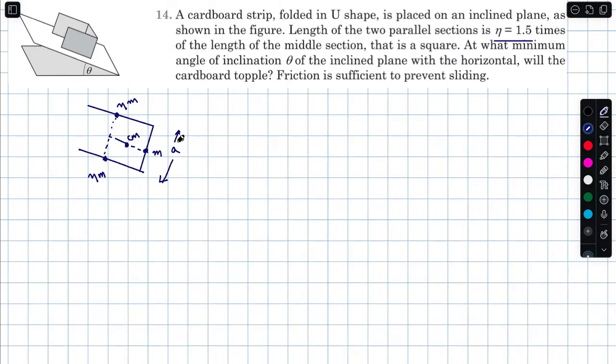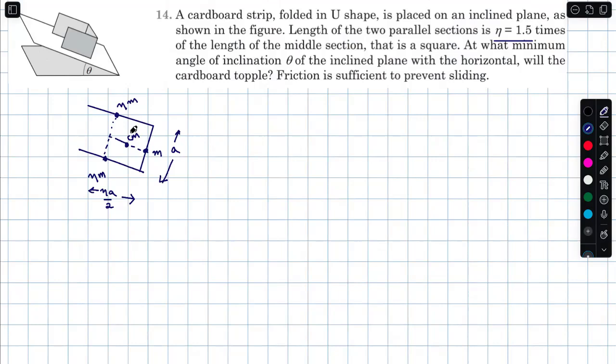Length of the two parallel sections is eta times the length of the middle section. Oh God, then this distance is eta a by 2. Agreed, boys and girls? So the center of mass location is now a crucial part.